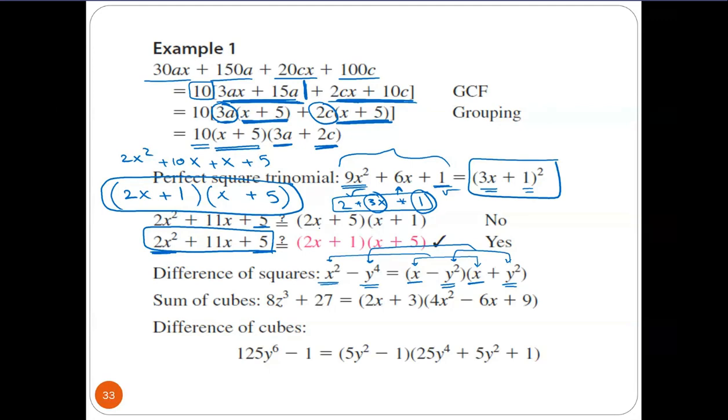Okay. Now the sum of cubes, like this. Take the cube root of 8z to the power 3.